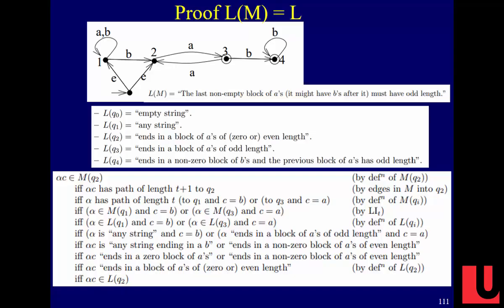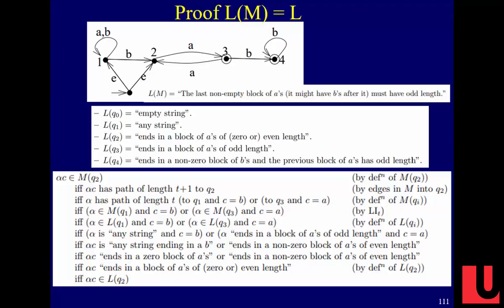All right, so here, loop invariant T. We're proving by induction, and this is our induction hypothesis. It says for all states i, for all alpha of length T, alpha is in M of Qi if and only if alpha is in L of Qi.